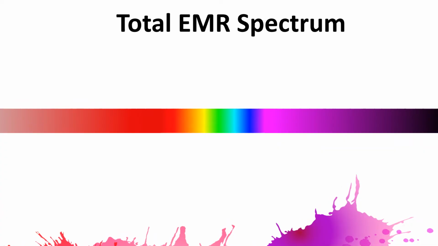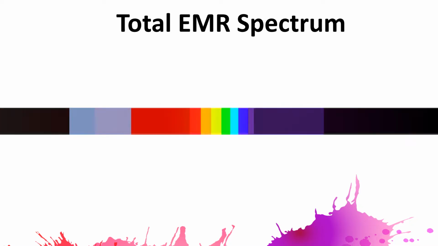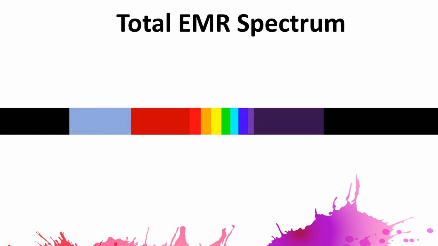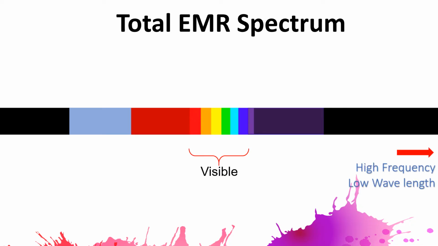Okay, let's divide this electromagnetic radiation. This is a continuous spectrum, and I divide it into a discrete spectrum. This part is visible light, and I take the right hand side as the high frequency part and the left hand side as the low frequency, or we call it high wavelength, part. Here I divide this total spectrum of electromagnetic radiation into different categories.